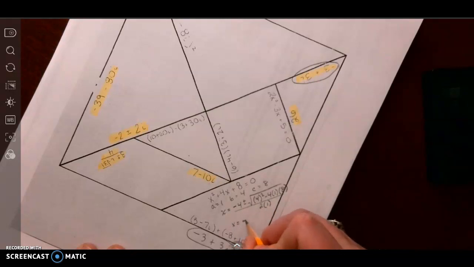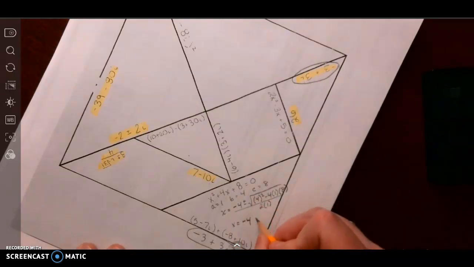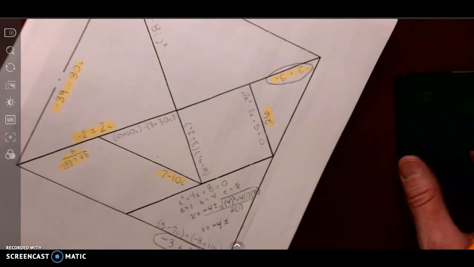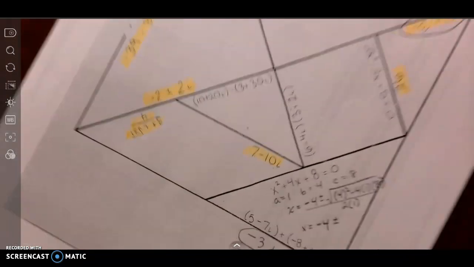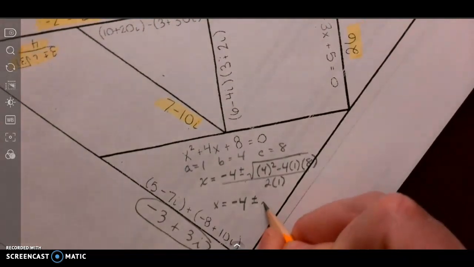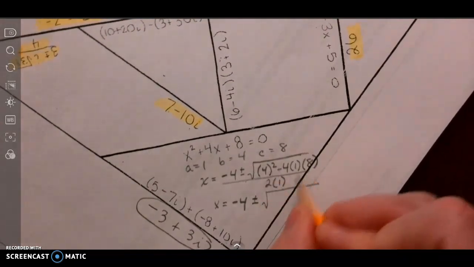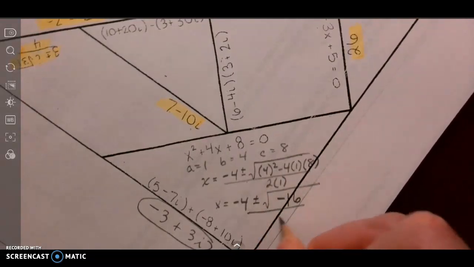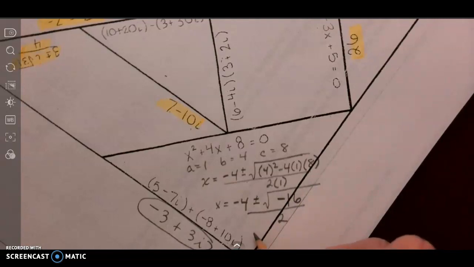So I get negative 4 plus or minus, it would help if I zoomed up on this particular problem while I'm doing it. Okay. When I put this into my calculator, I get negative 16 all over 2. So I'm going to keep going.